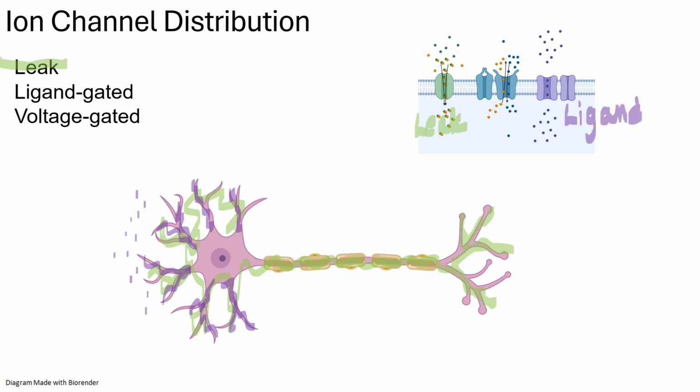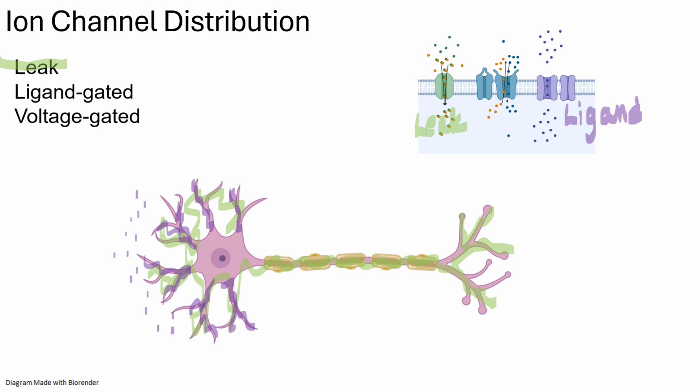These wouldn't be on the axon or the axon terminals because we don't respond to neurotransmitters there. We kind of know about that process from learning about the movement of acetylcholine across the synapse between a neuron and a skeletal muscle. But with neurons, there's a lot more going on.